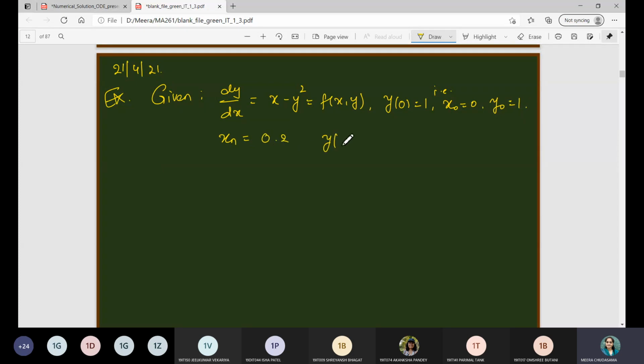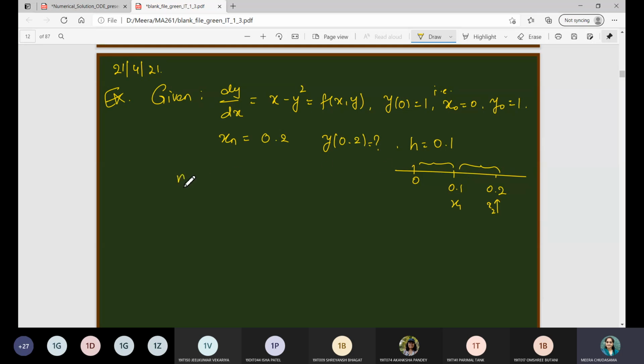So I will write here, y value at 0.2 we are asked, and h we are asked to take 0.1, right? So 0 is the initial point, 0.1 is the step size. So when you consider the step size h as 0.1, then you will reach 0.2. Here this is your x1, this is your x2. So in 2 steps we will arrive at the solution, right?